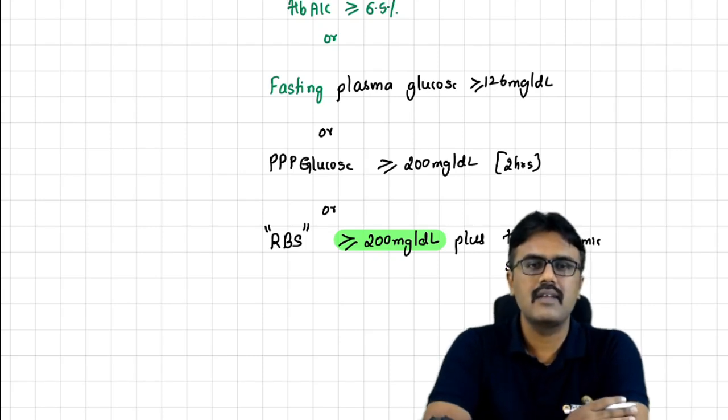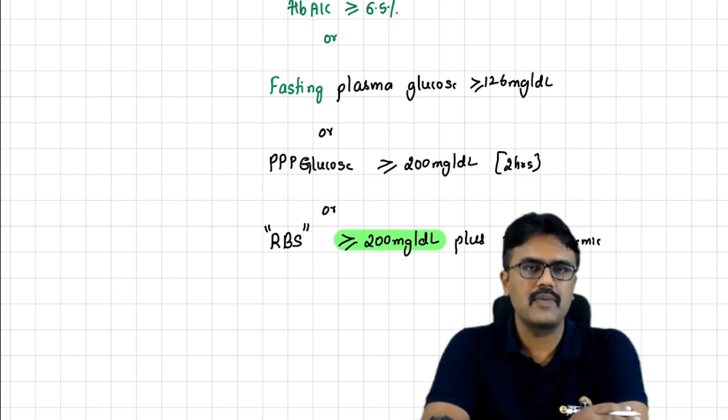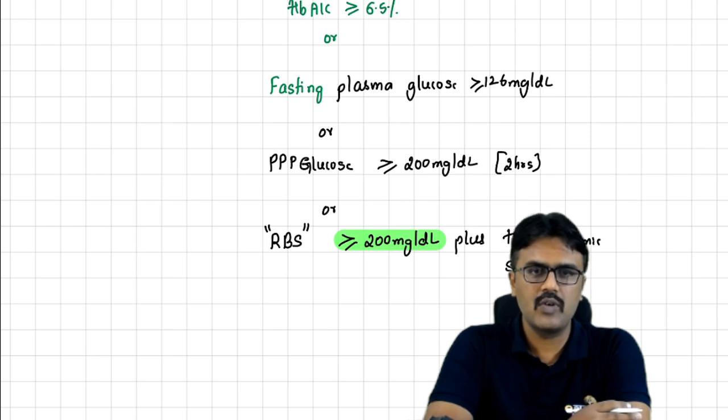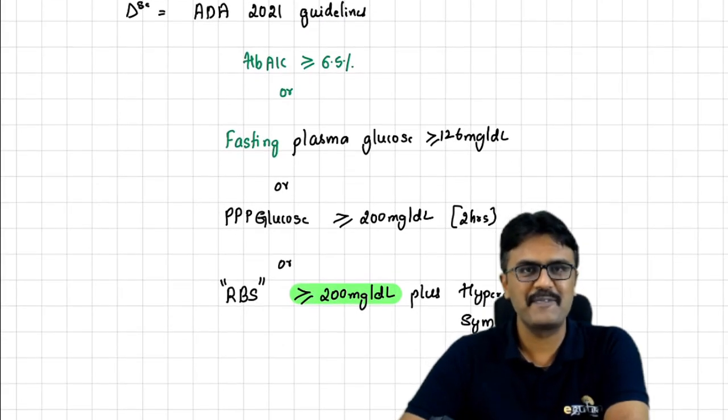Then obviously, these are the 4 categories through which we diagnose diabetes: the HbA1c, fasting plasma glucose, postprandial plasma glucose, or random plasma glucose. This is what the ADA 2021 guidelines tell you.